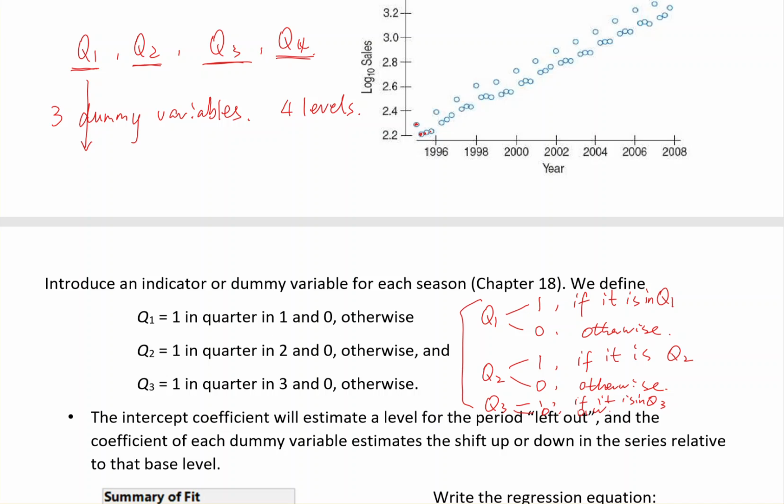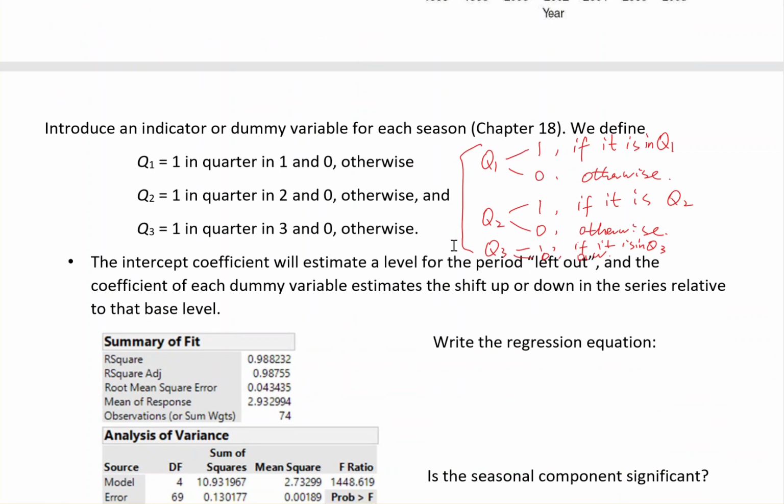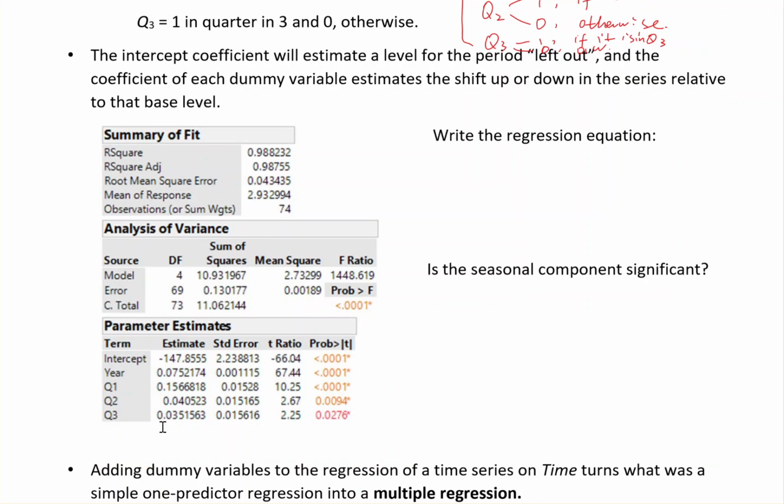So it is exactly the same idea as when we learned in chapters 18 to 19, when we talked about the dummy variables. All right, and once you set the dummy variables, you can add them into our regression, right?